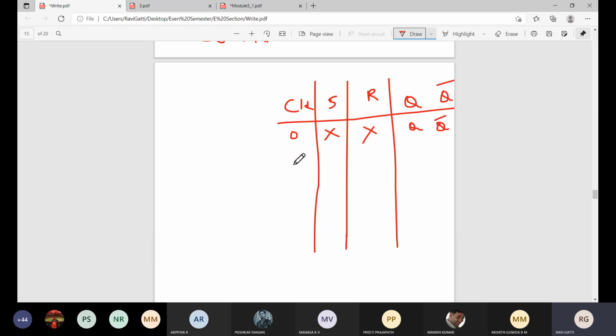Okay. So now when clock is equal to 1, tell me, when S is equal to 0 and R is equal to 0, what is the output? Yes, Arpita, what is the output when S is equal to 0, R is equal to 0? Yes, Monisha is here.